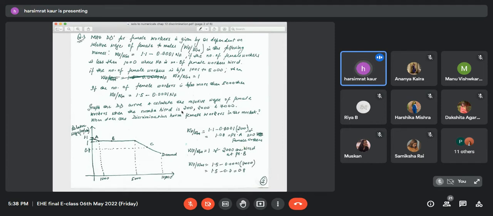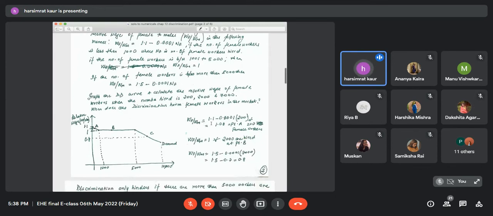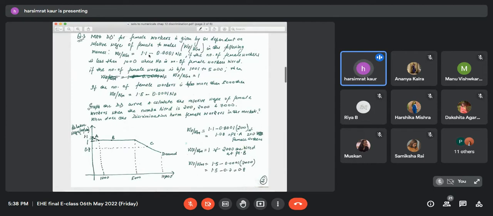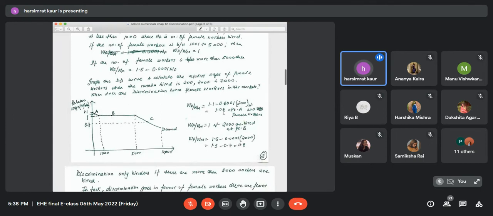Which equation will I utilize? First. So I'm just substituting the value: 1.1 minus 0.001 times 200. Once I substitute that, I get a value of 1.0.